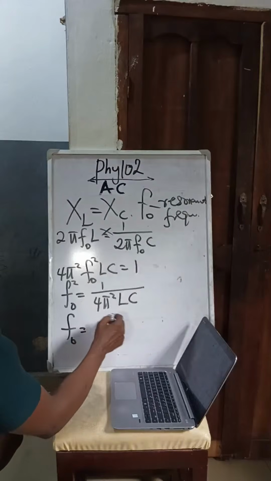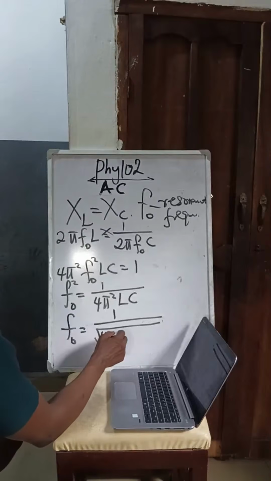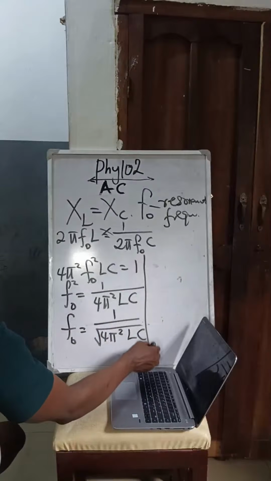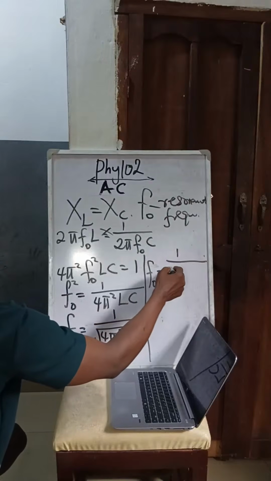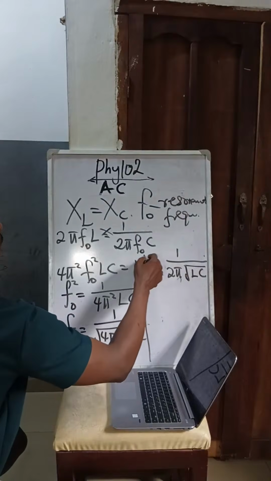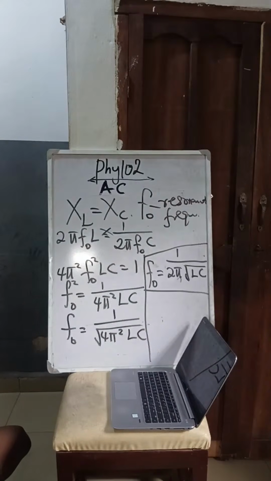You have F naught is equal to 1 all over the square root of 4 pi squared LC, which makes F naught equal to 1 all over 2 pi square root of LC. So this is the resonant frequency.